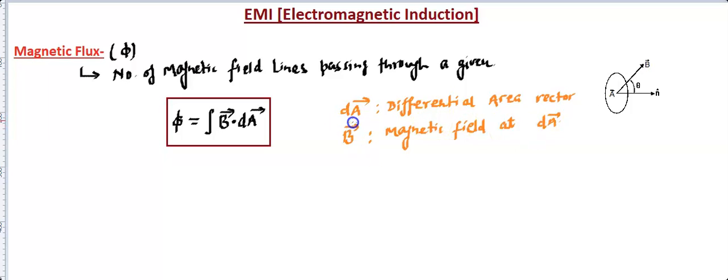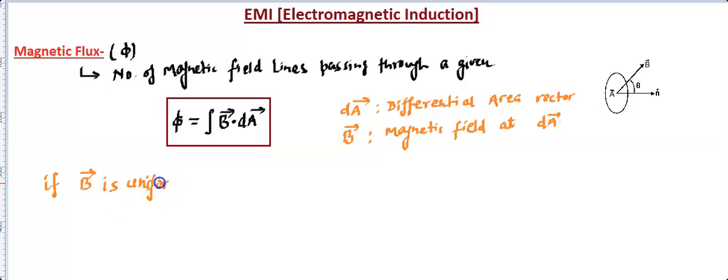And if it is uniform, so that it will be the same at all the points, then we can simplify this integration. Let me give that aspect as well, because mostly we are going to use this. So if B is uniform, when we say uniform, that means it is the same at all the locations.